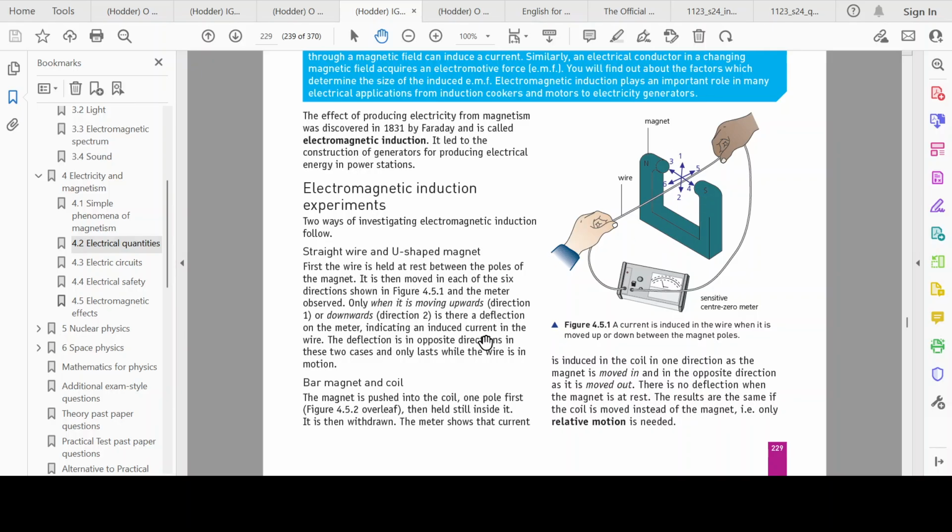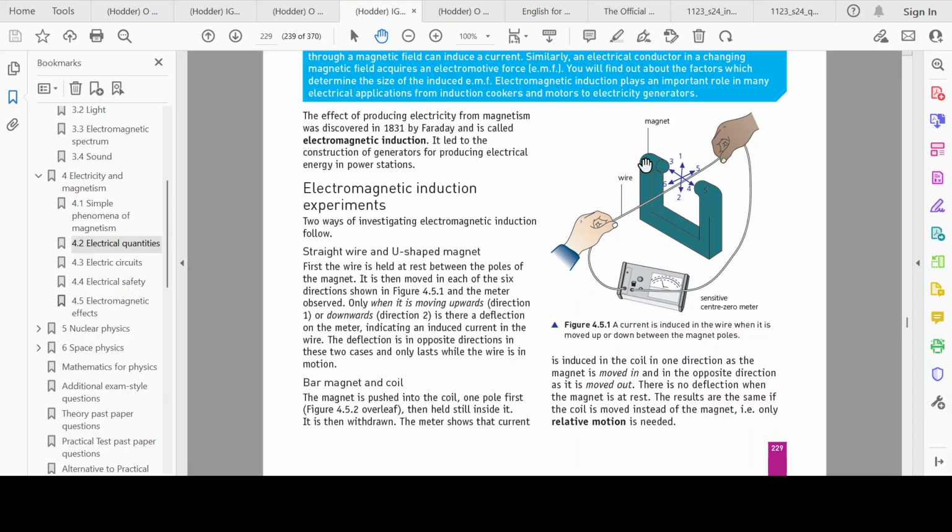So what they notice is, this wire itself is just a wire. There's no electricity running through it, but it is connected to a meter. And what they notice is when they move the wire up and down... So we know about magnetic fields. You've done that, remember?